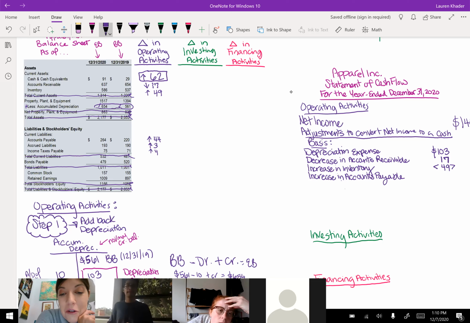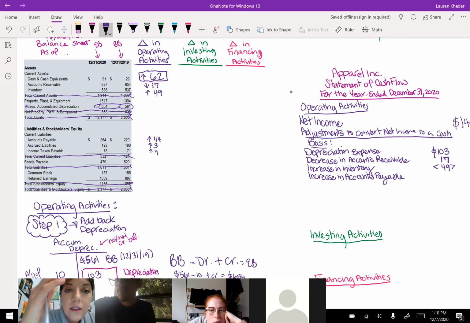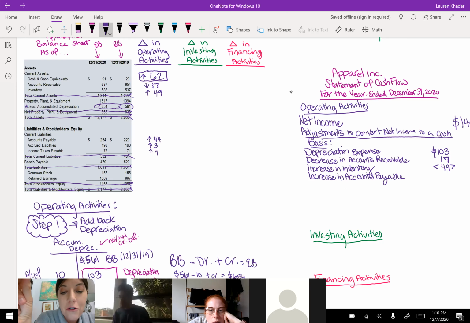So it's actually going to be an increase in cash. Current assets or assets in general have an inverse relationship. So if our assets increase, then we subtract for that increase. They decrease, we add for those. But liabilities have the same directional. So if accounts payable increase, that means that we have more cash flow available. We didn't spend as much as we recorded in an expense. So we're going to add it.